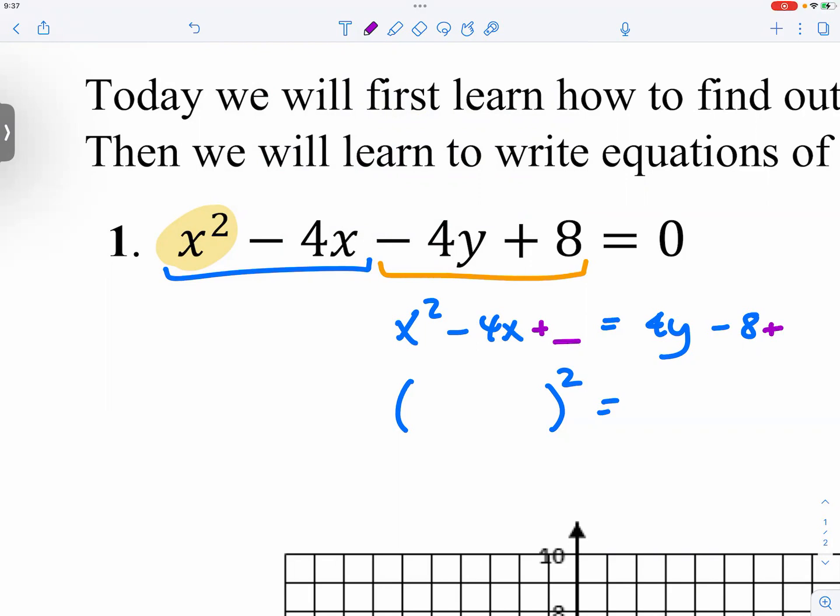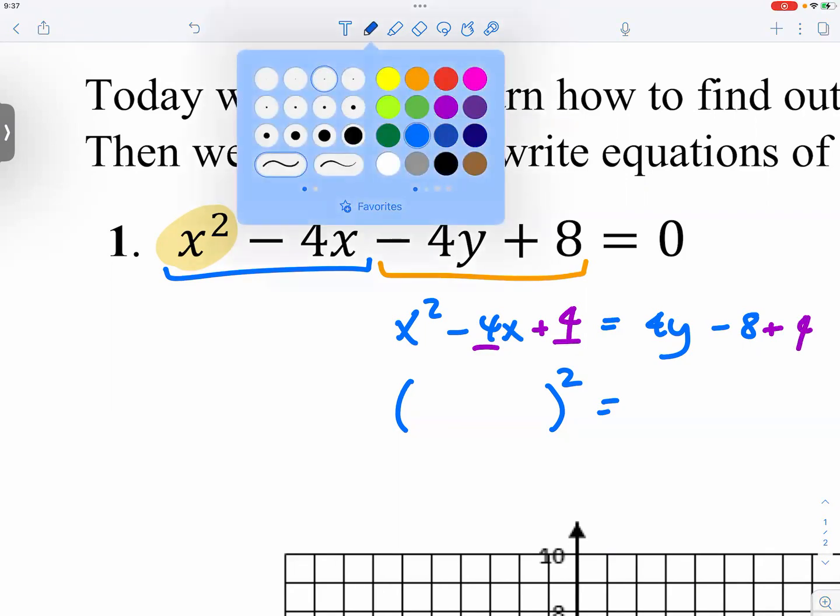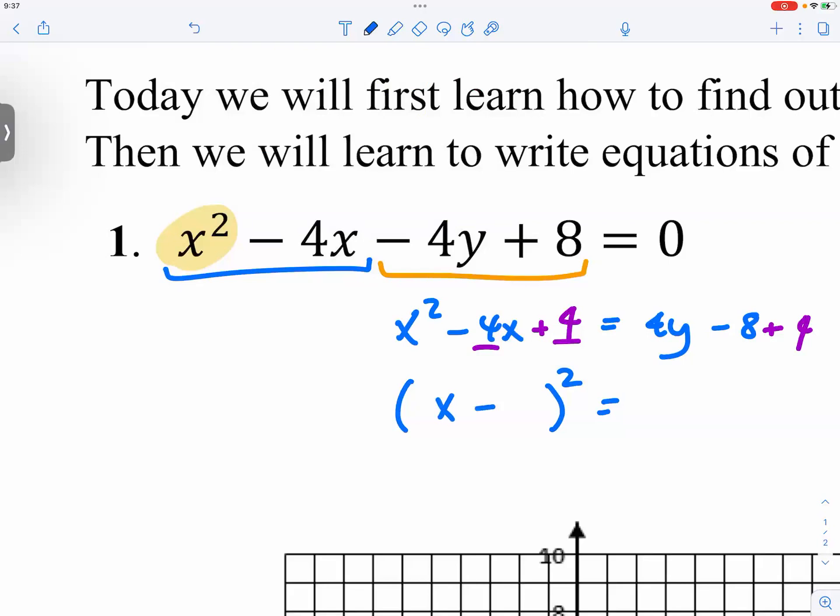Not 16? 4. Because you divide this 4 by 2, right? Which is 2, and then you square it. So you've got to add 4 on both sides, so that your perfect square is going to be x minus 2, parentheses squared, which is x squared minus 4x plus 4. So that's why you can replace them.